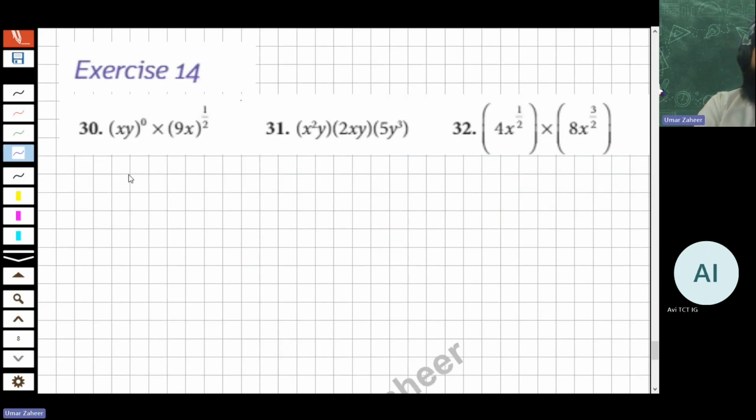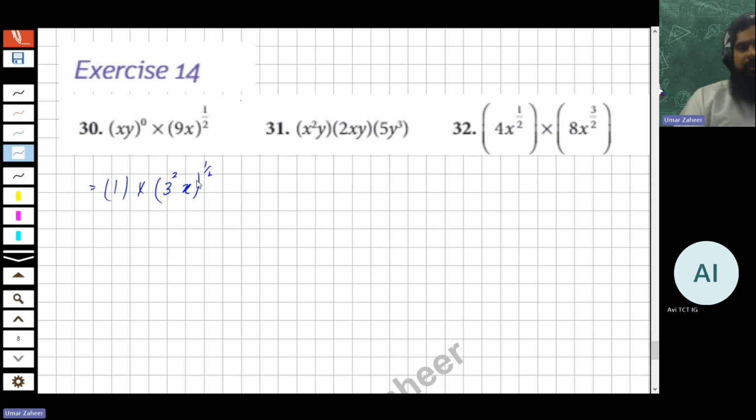Right. Now tell me what will be the answer. x y raised to power 0 is equal to 1. And we have to write 9 as 3 square, do the prime factorization of 9. 3 square into x raised to power 1 by 2.